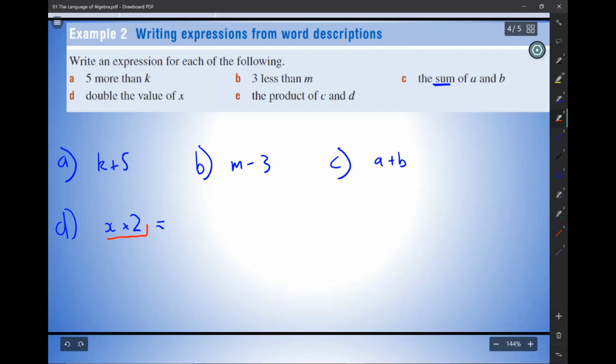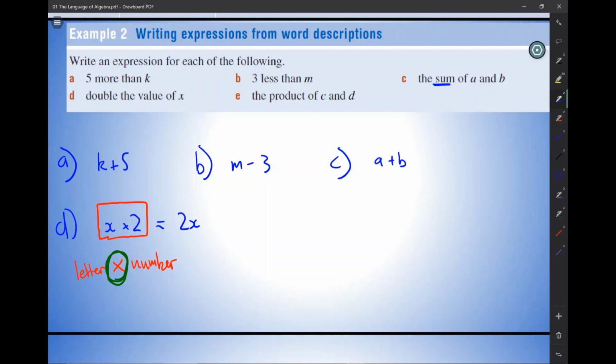When we have this scenario, a letter times a number, we don't need to put the times in between. 2 times x can be written like this, 2x with nothing in the middle.